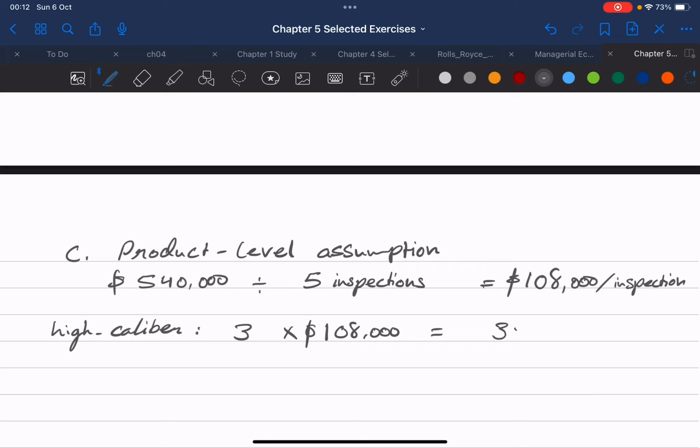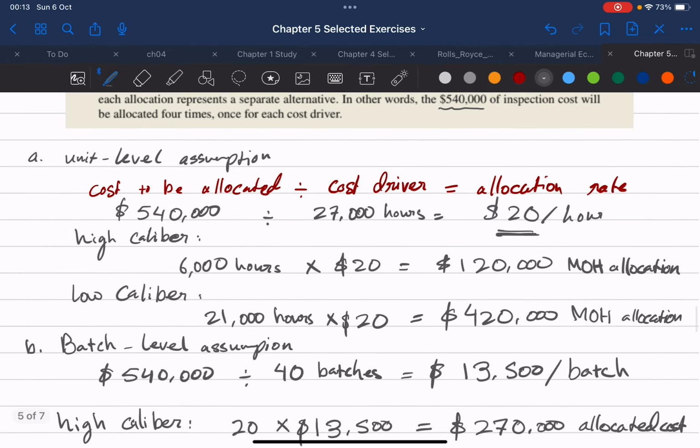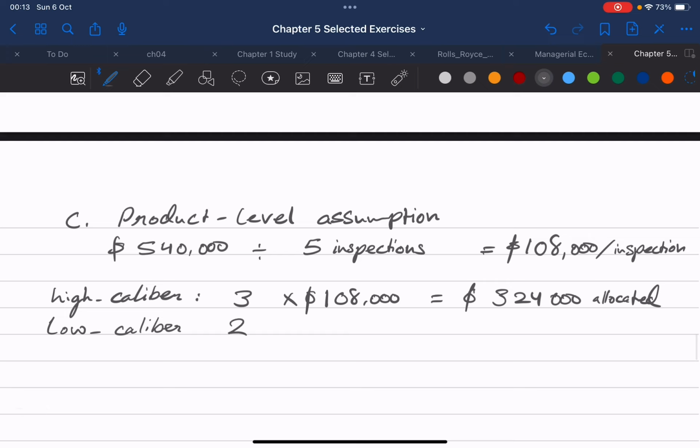That's $324,000 of allocated costs. Okay, for low caliber, it's going to be the remaining amount, where we expected to use 2 inspections multiplied by 108,000, that's 216,000. Also allocated.